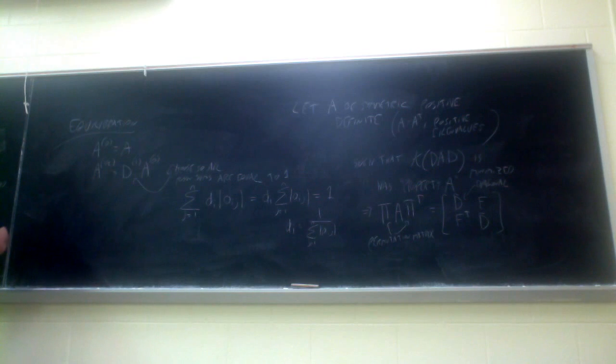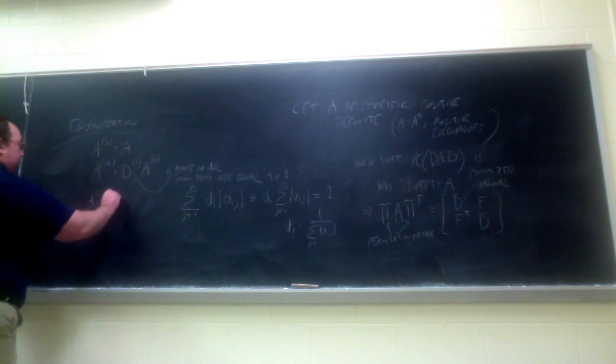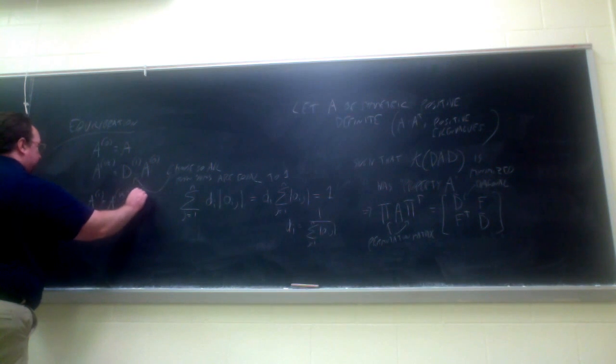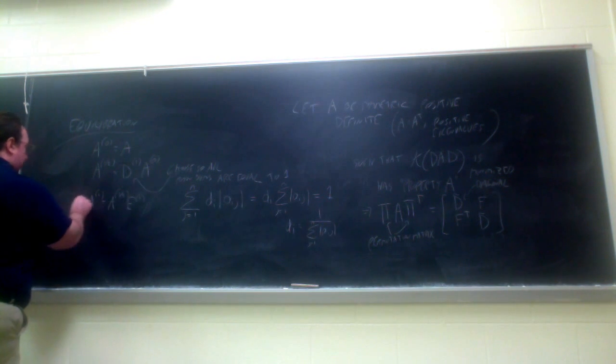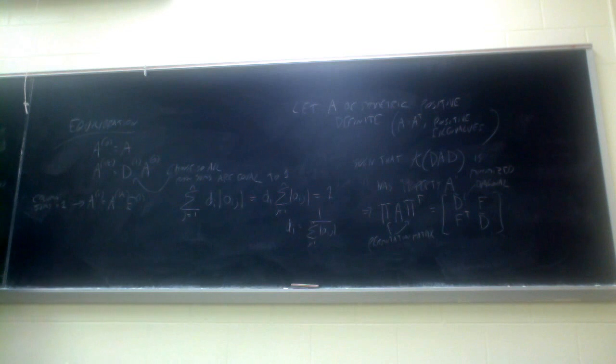And then I set A1 to be equal to A1 half times a different diagonal matrix, E1. So this has column sums equal to 1, because multiplying by a diagonal matrix on the left scales rows, and multiplying on the right scales columns.